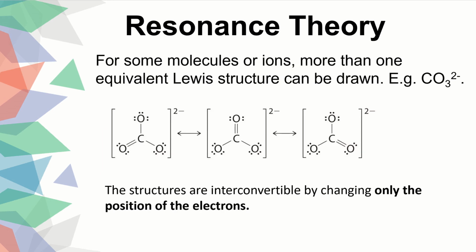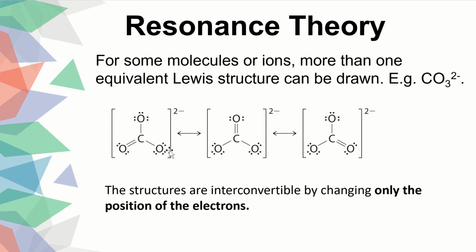So the next thing that we're going to look at is resonance theory, and I do expect that you would have been somewhat familiar with this topic. For some molecules or ions, more than one equivalent Lewis structure can be drawn. We're using the carbonate ion here as an example. We have carbon in the center, and oxygen here with a double bond, and then two single bonds, which we know would carry a negative charge here and here.